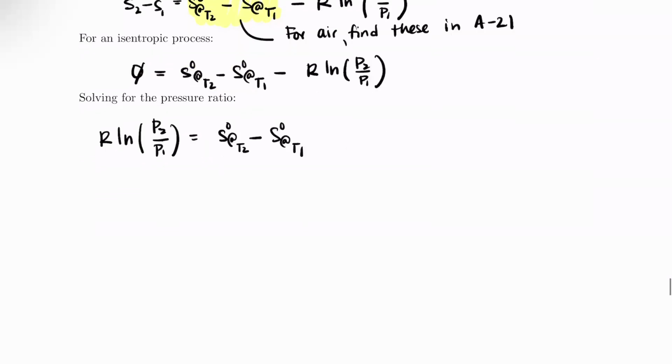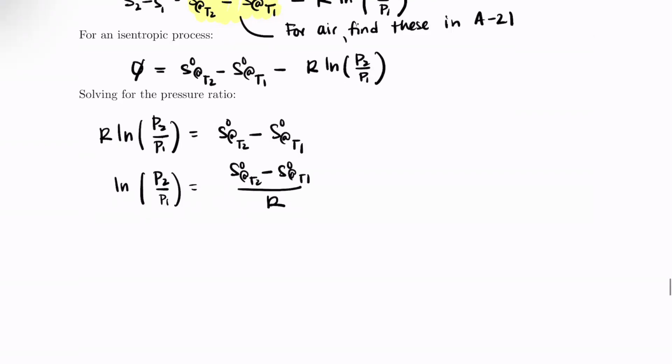Then I'm going to divide both sides by R. So natural log of P2 over P1 is equal to S0 at T2 minus S0 at T1, divided by R. And then I'm going to exponentiate both sides. So P2 over P1 is equal to the exponential of this fraction, S0 at T2 minus S0 at T1, divided by R.